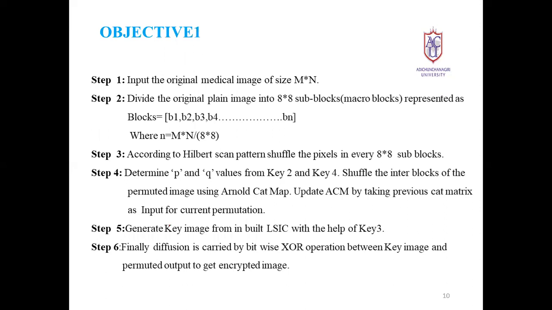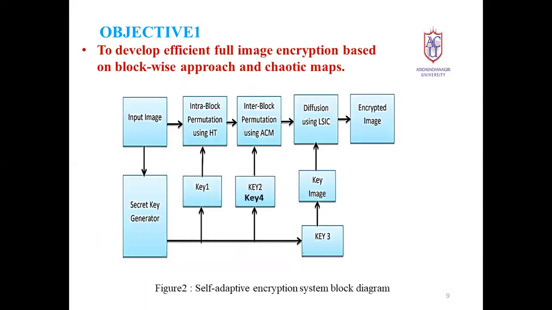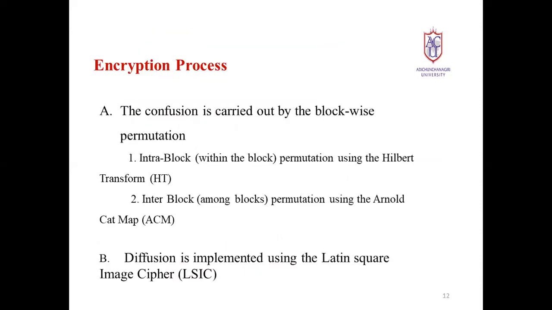If the key 1 value is 0, then the scan starts from the right side. Key 2 and key 4 are the values of P and Q for Arnold cat map, which is used for interblock permutation. Then using key 3, the diffusion operation will be done with the help of a cipher image called LSIC. Finally, the encrypted image is obtained.